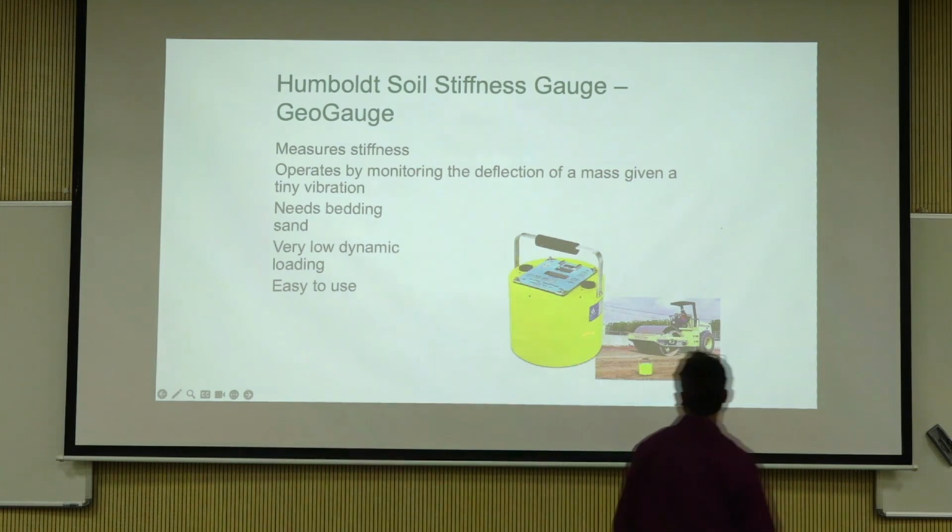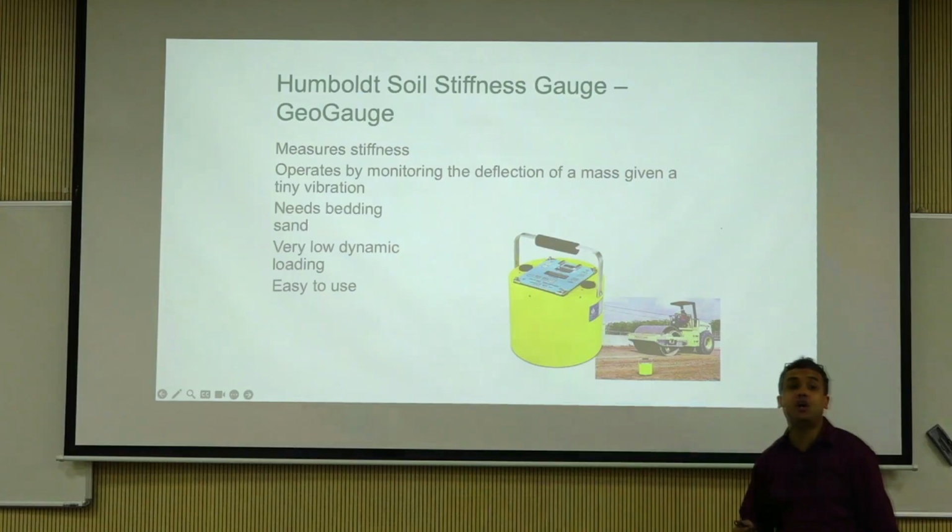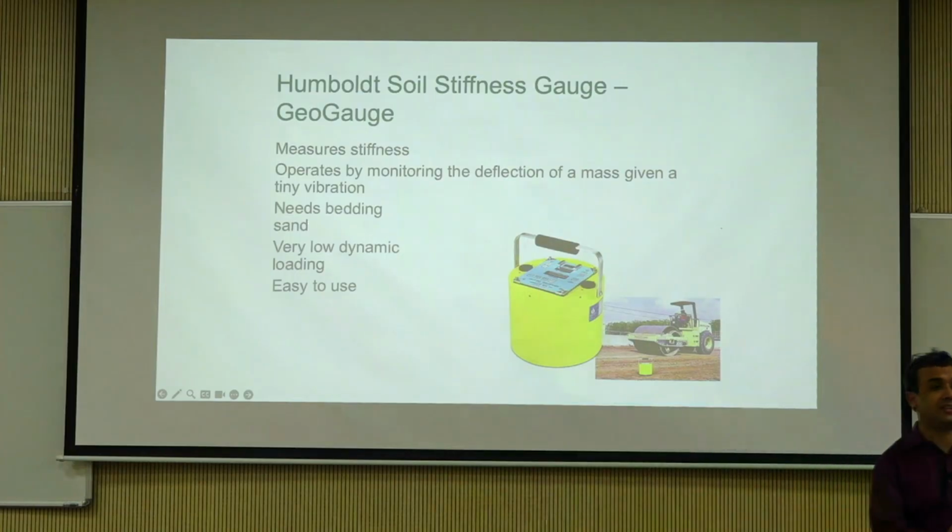It's good for near surface measurements. So for example, if you have a thin layer, like only a 3-inch thick layer, then if you do an LWD, the influence bowl is going to go beyond that 3 inches. This gives you a good number.